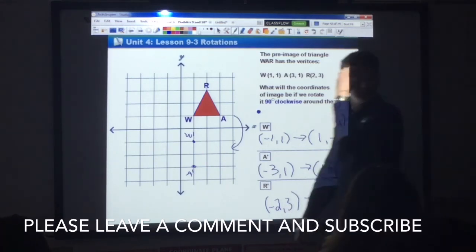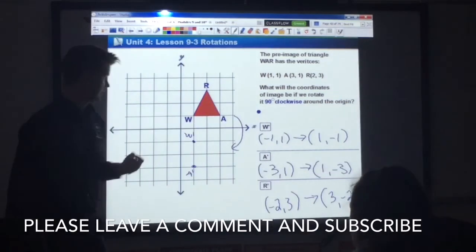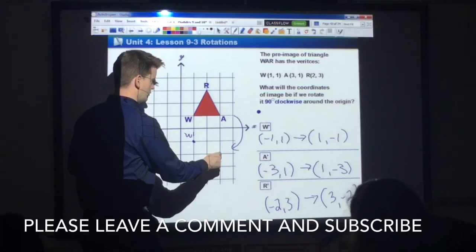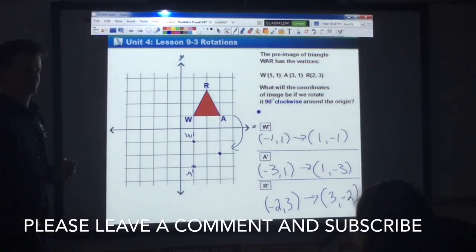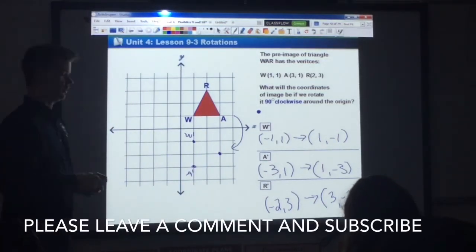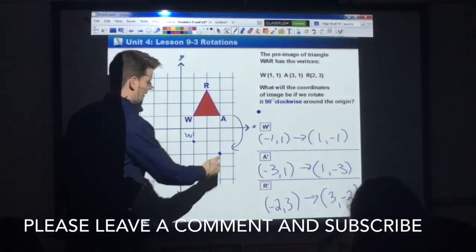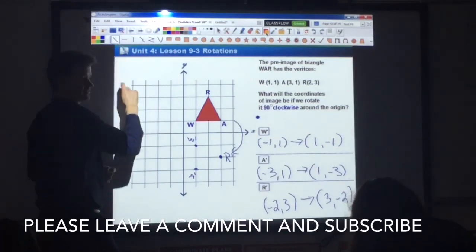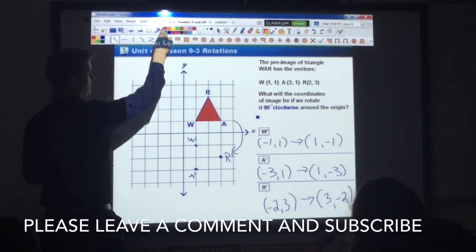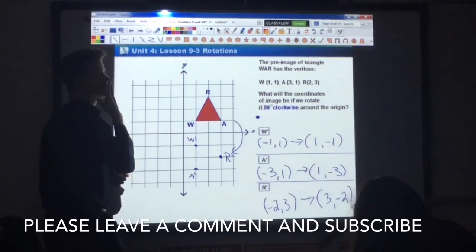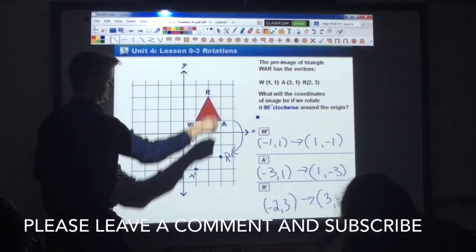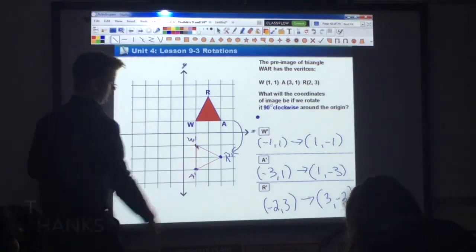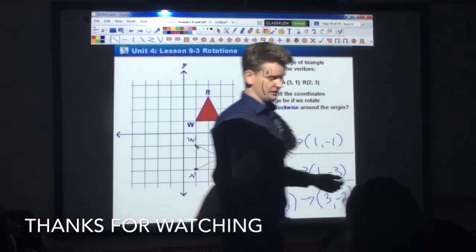And then what am I going to do with that point? I got to graph it. So we go to 3, start at the origin, 1, 2, 3, -2. And what's this going to be labeled, Miss Pena? R prime. I then go in and I connect all of my points with lines. We connect, we connect, we connect, and then we connect.